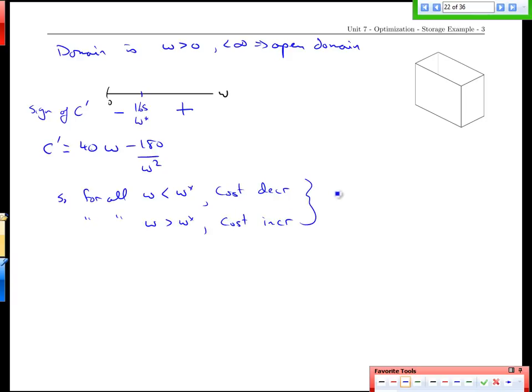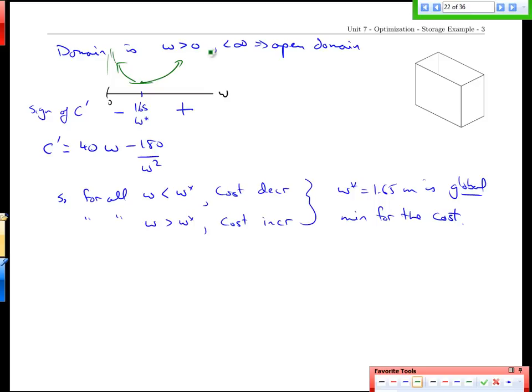And the combination of those two things tells us that that W star, 1.65 meters, is a global min for the cost function. Because we actually have the function going down, hitting a 0, and then going up, and it continues to do that right up to the boundaries of this open interval here.